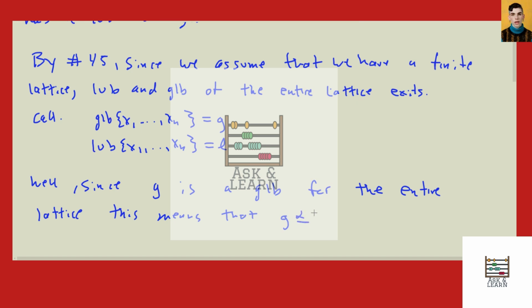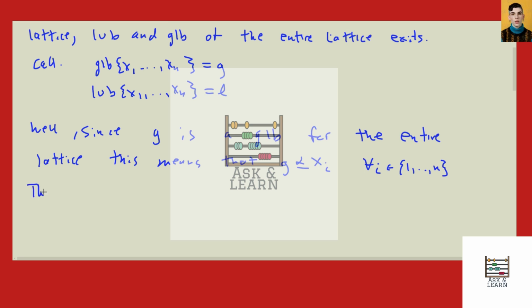So this is going to be less than or equal to xi for all i in 1 up to n, which then implies we have a minimal element, or a least element.